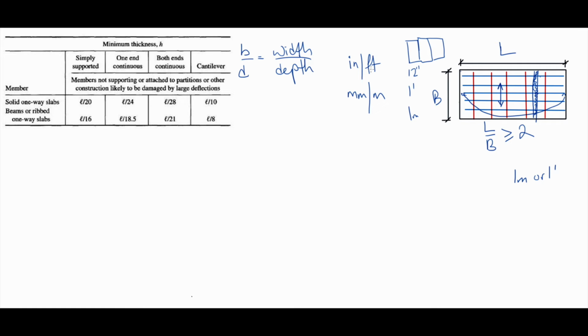We should know that the main reinforcement for the flexure is placed along the short direction as well. So for example here, let's start talking about the main reinforcement and the ACI code. The first aspect is about deflection. If the slab is simply supported, it has a minimum thickness requirement by the ACI code for deflection.